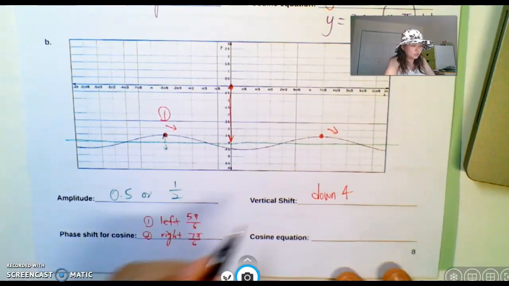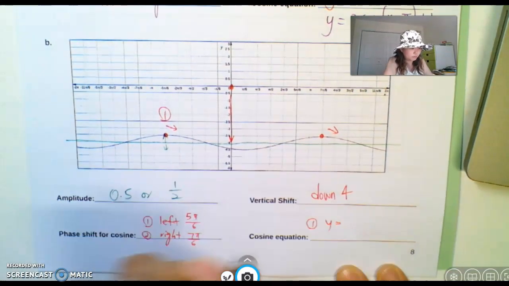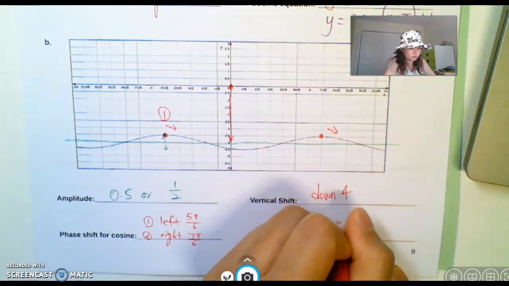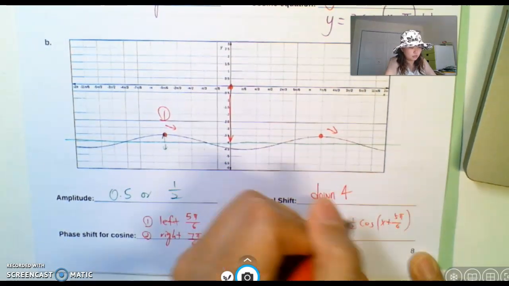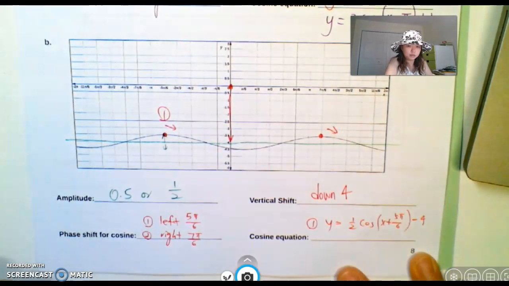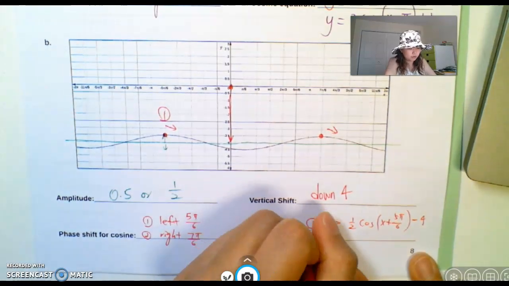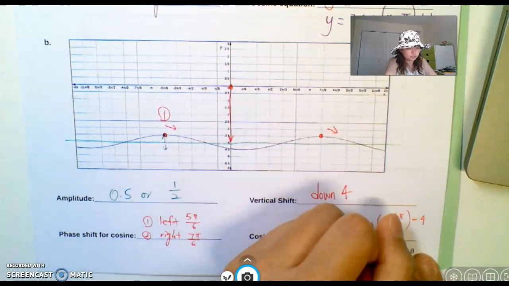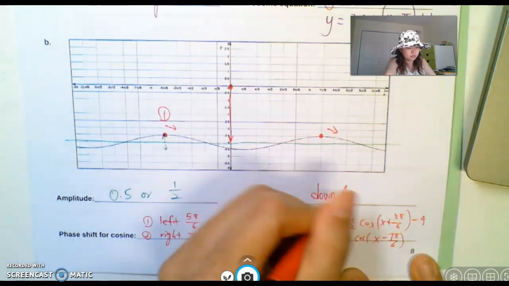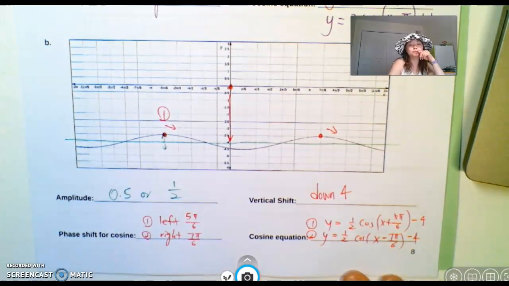Then you just have to write the equation. One of them could be the amplitude 1/2 cosine, left means plus, then down is subtracting. Done. Or I can say the amplitude is 1/2 cosine x, right is subtracting, down 4.